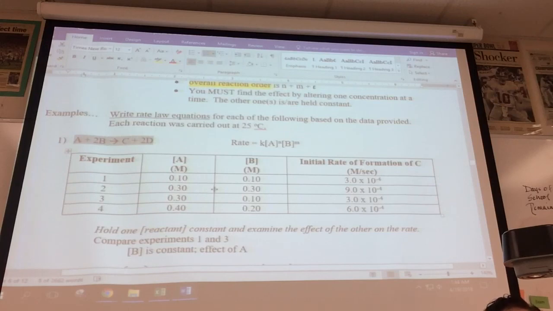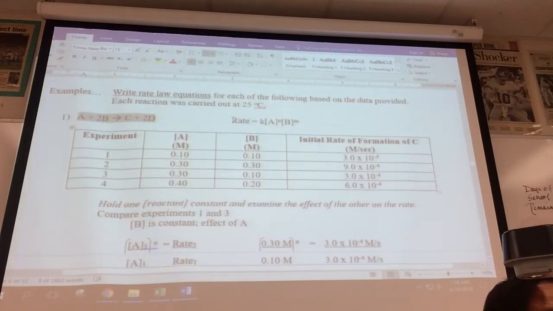Why would neither C nor D be in a rate law? Do you put reactant concentrations or product concentrations in a rate law? Reactant. Okay, so that's one key difference between a rate law and a rate equation. We learned how to write rate equations last time where you had -1 over coefficient. This is different. These are rate laws.